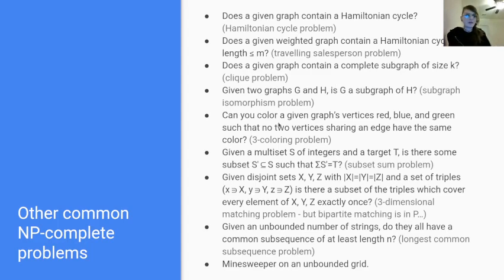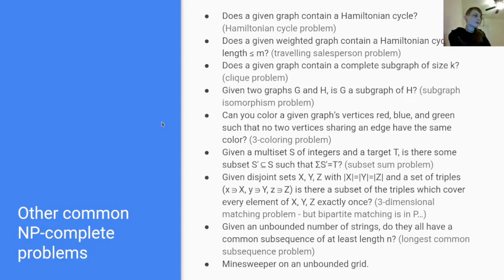Next one. Can you color a given graph's vertices red, blue, and green, 3 colors, such that no two vertices sharing an edge have the same color? The 3 coloring problem. You might have heard of the 4 coloring problem. There was a famous result that got headlines in mainstream media a while ago, that this is the case for any graph if you can use 4 colors.